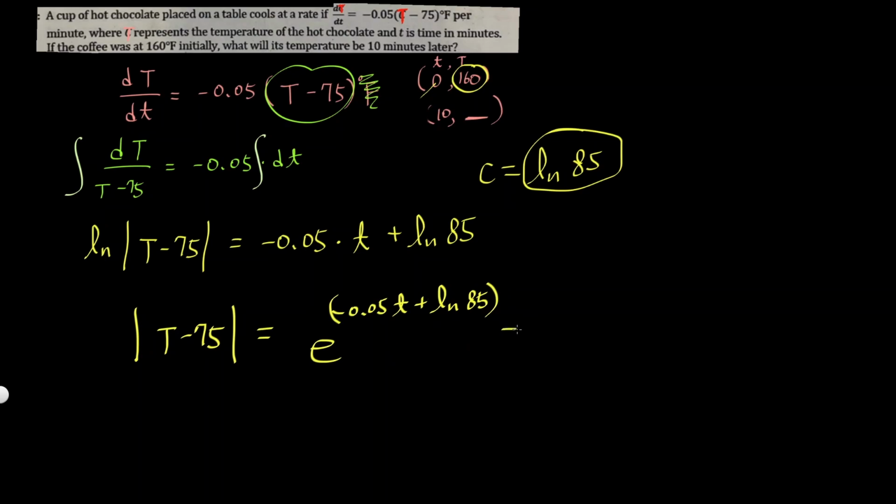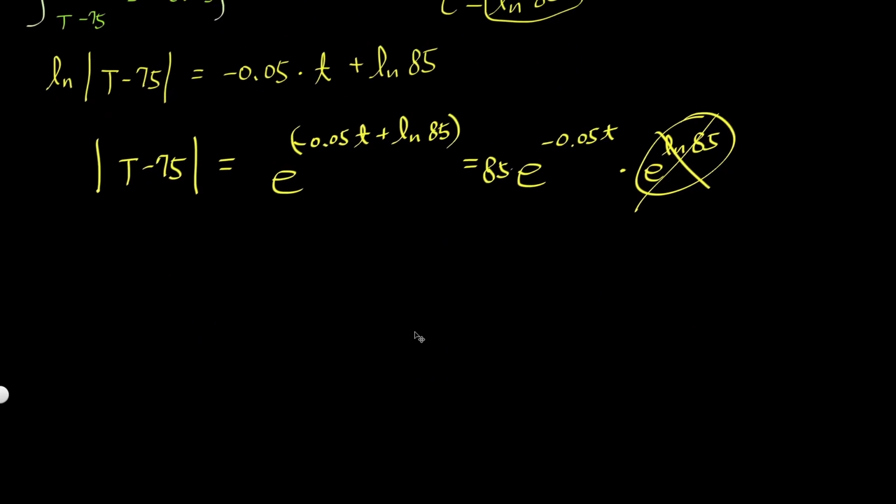You could separate this as e to the negative 0.05 t multiplied by e to the natural log of 85, which becomes 85. So you could just put 85 here. Let me simplify it a little bit more.